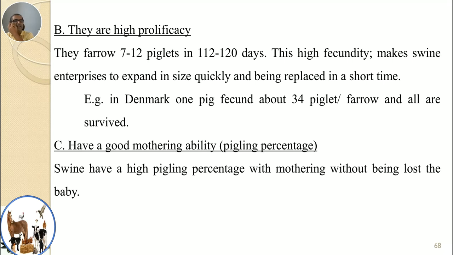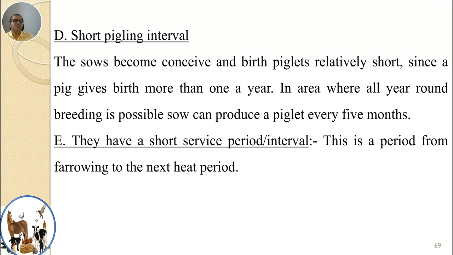Okay, then another ability is the short pigling interval, and this is also another advantage. The sows conceive and give birth to piglets in a relatively very short period, since a pig gives birth more than once, especially in 1 year.